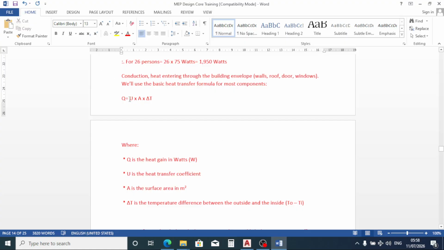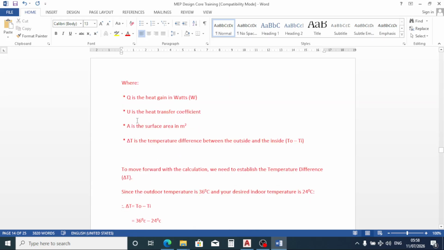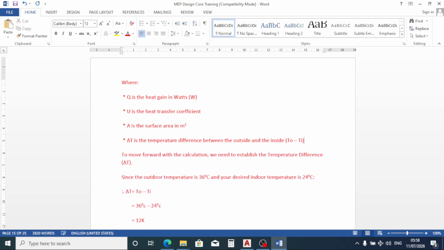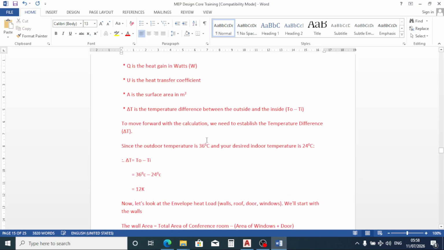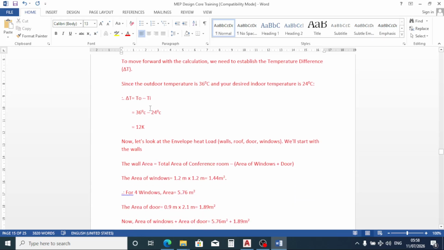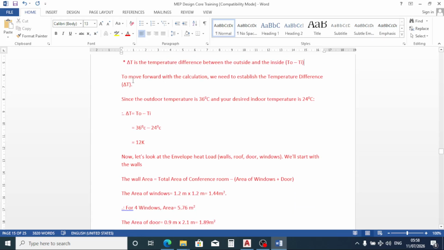Alright, so as I said earlier, this is the heat transfer coefficient for the conduction through our building envelope, and here are the definitions I explained in our last session, if I remember correctly. So now let's compute for the change in temperature, and our change in temperature is T out minus T in, outside temperature minus the indoor temperature.